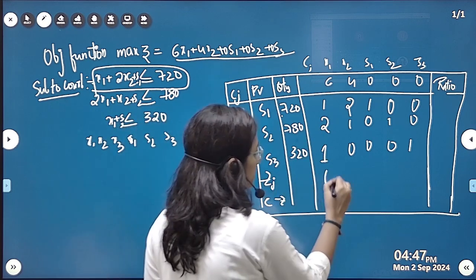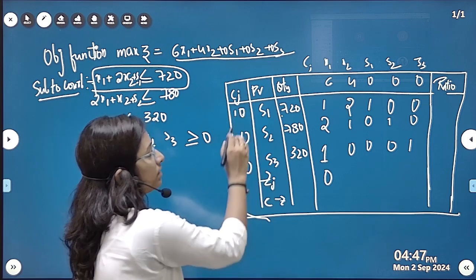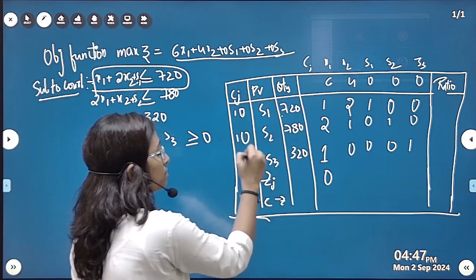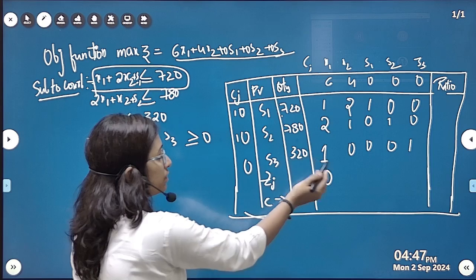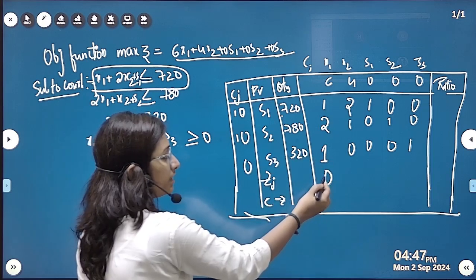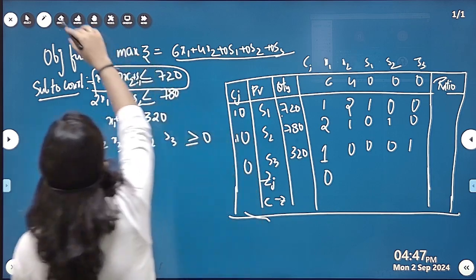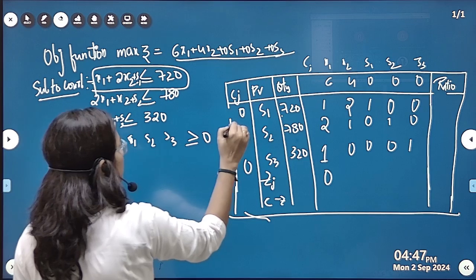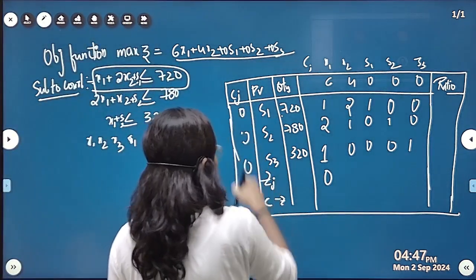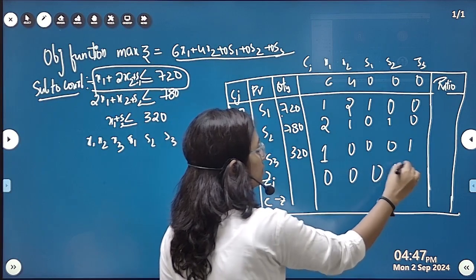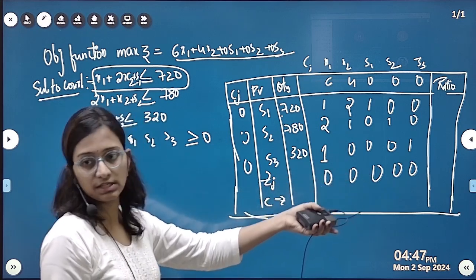So the value of Zj will be 0. If here it is only 1, like think as 1, 1 into 1, 1. Here also 1, 1 into 2, 2. So 1 plus 2, 3. So here 0 into 1, 0. So now here the value will be 3. Okay, got it? So next here the value will be 0, 0 and 0. 0 multiplied into any number will get 0, right?